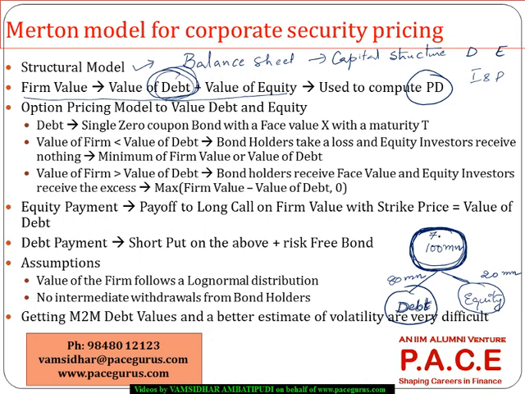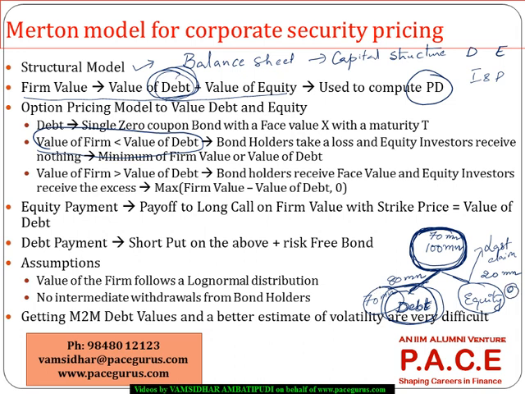But in the same example, if the value of the firm came out to 70 million, then the debt investors will take only 70 million and the equity guys will get zero, because equity has the last claim on the value of the assets, and the debt investors typically have a fixed claim. If the value of the firm goes lower than the value of the debt, the debt investors will get all the value of the firm and the equity investors will get nothing.